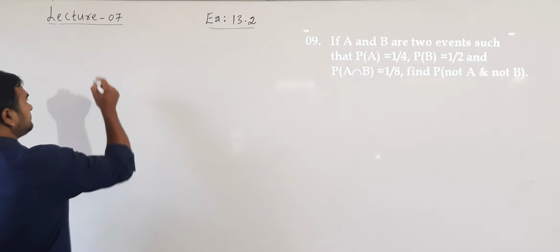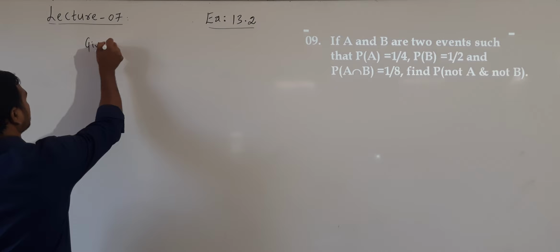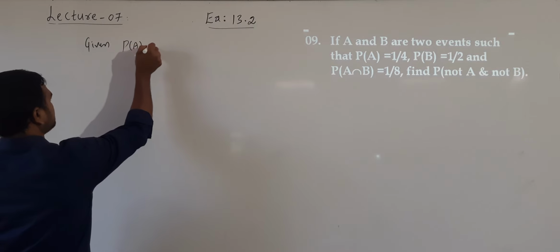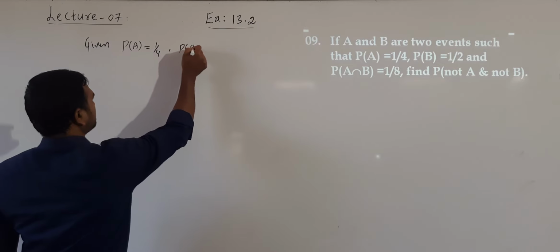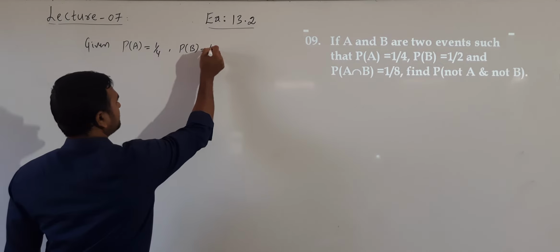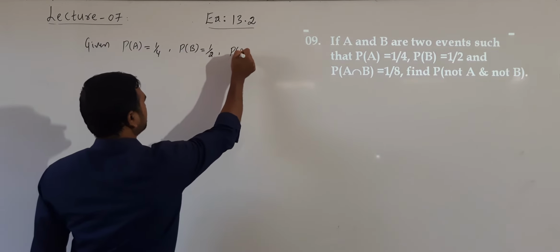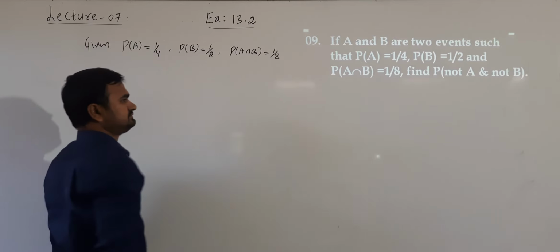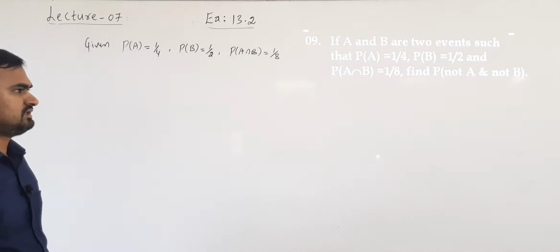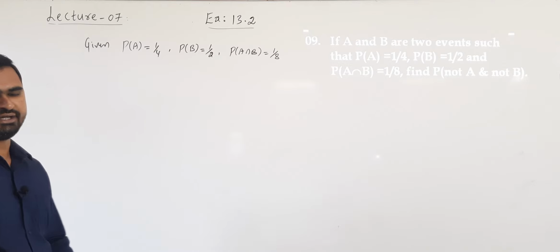First we'll write what is given. Probability of A is 1 by 4, probability of B is 1 by 2, and probability of A intersection B is 1 by 8. Now we need to find the probability of not A and not B.